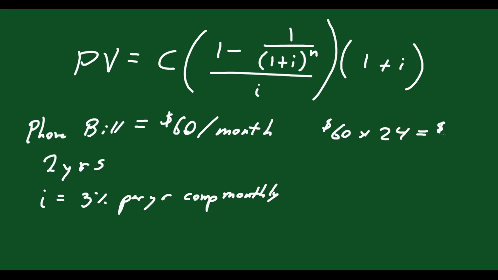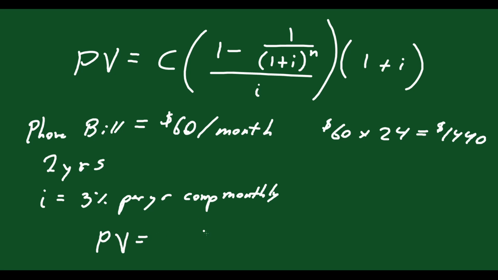That's going to be $1,440 if you were just going to pay it all, right? Well, the idea of this is that when you put money in the account, there's interest that the account earns, and therefore it's going to grow. So you don't need to invest this much. You can invest a little bit less, and the interest will take care of the difference, right? That's the idea. So if we calculate this, we're going to expect an answer less than $1,440.